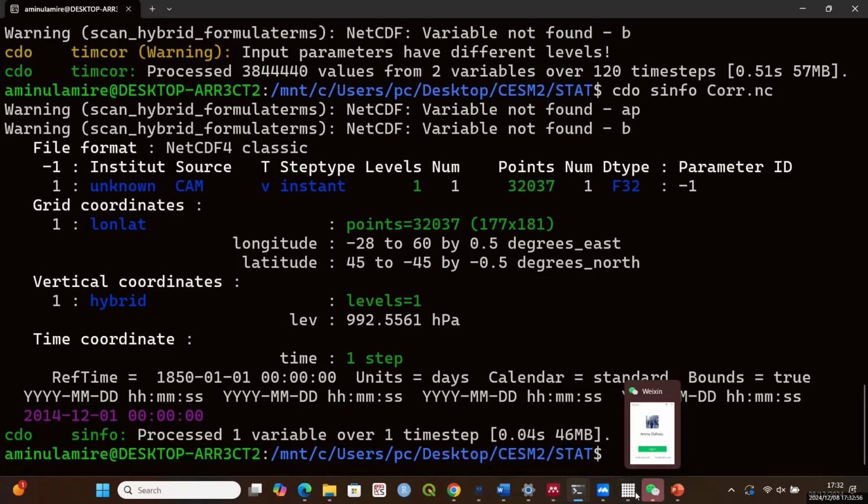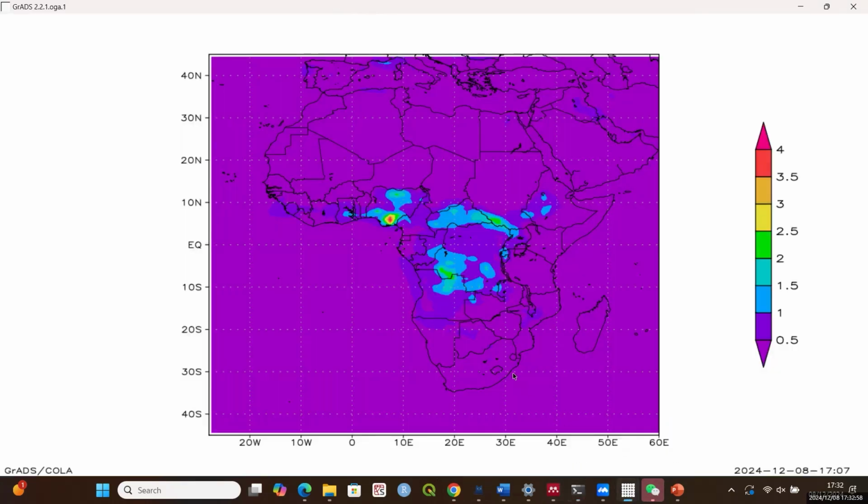So let's try to display the correlation. Actually, what's the range for correlation? For bias, we said maybe we can say from negative to positive.